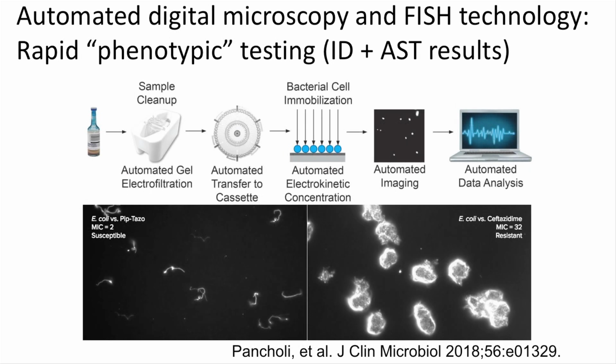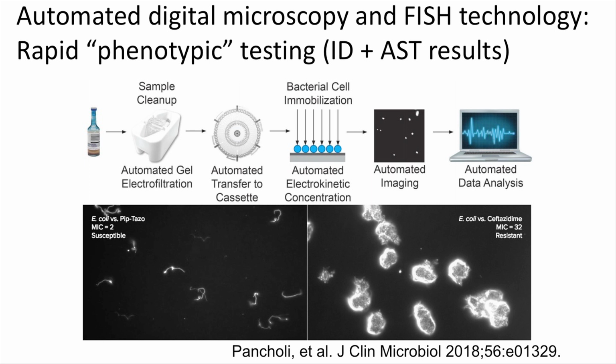So there's another new technology that is getting a lot of attention. This is called Accelerate, and it's a rapid phenotypic test system. This is applied to a positive blood culture, and it combines automated digital microscopy with fluorescent in situ hybridization, like PNA FISH technology.